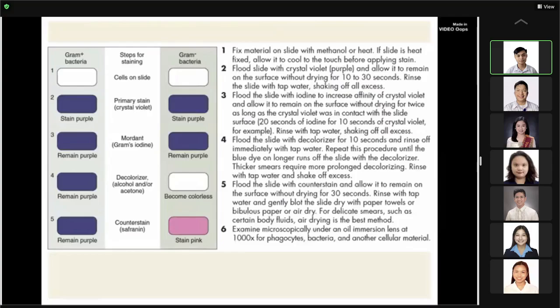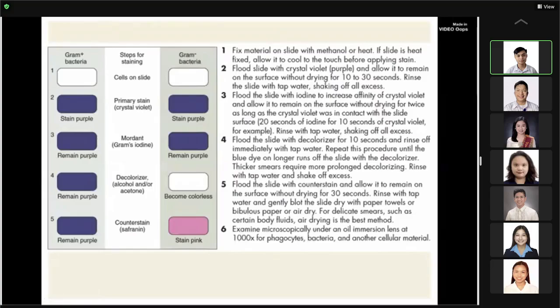Before we do that, remember that the gram-positive organisms, they will retain the primary stain. That's the crystal violet. And so they should remain purple, blue. The gram-negative organisms, they have been decolorized, so they should be colorless.